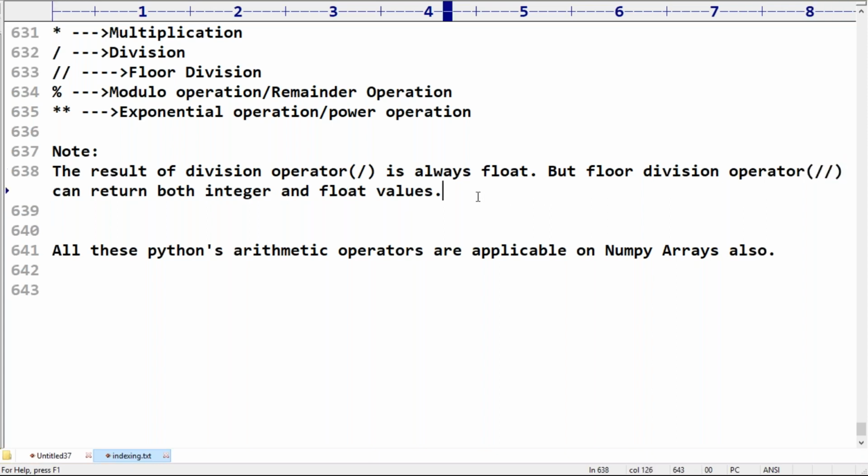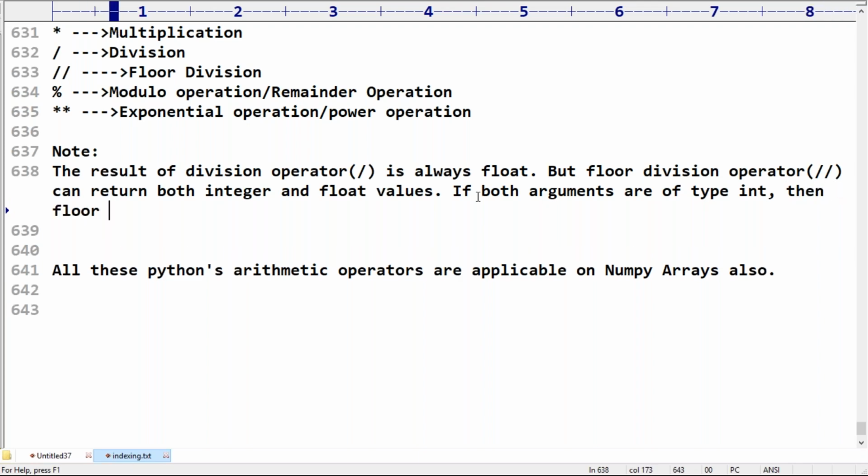Now if both arguments are of type int, then the floor division operator returns an int value only.